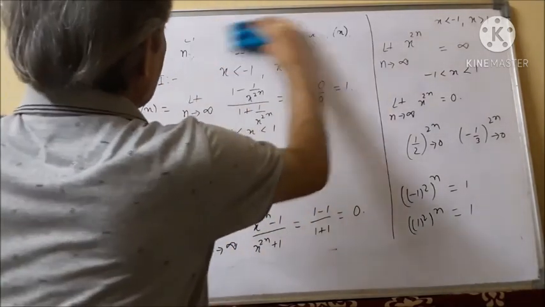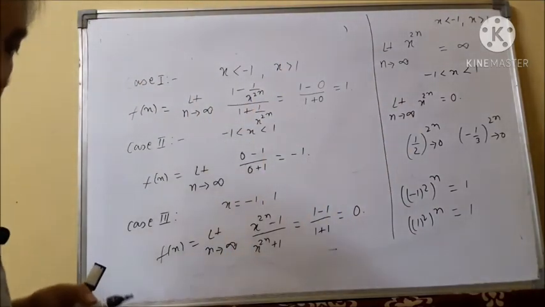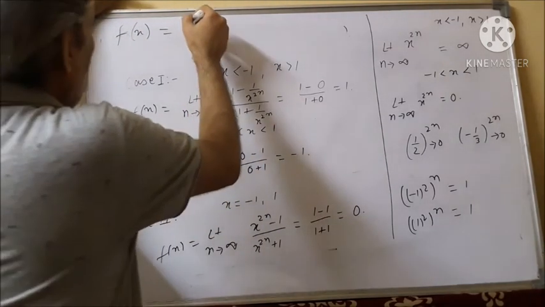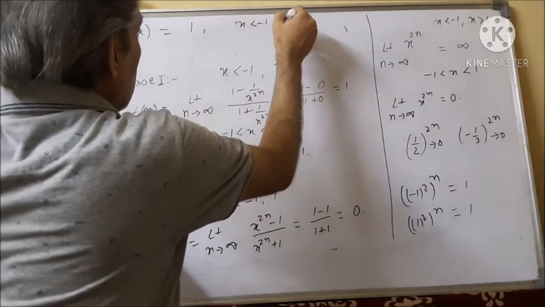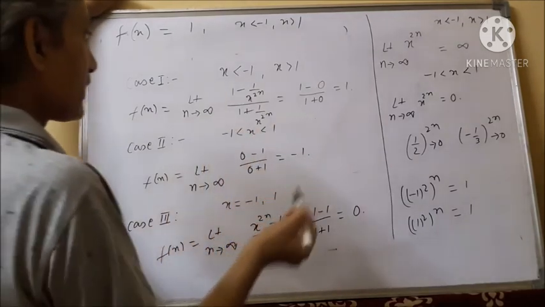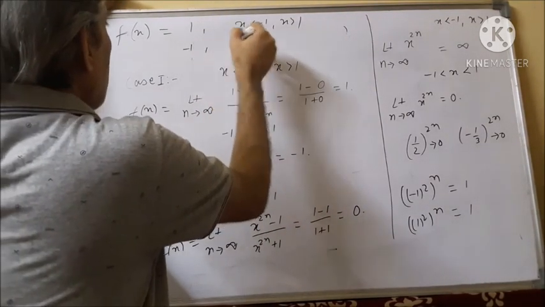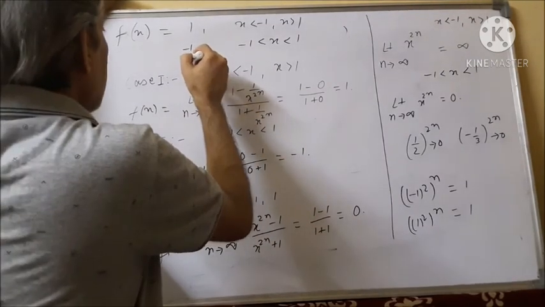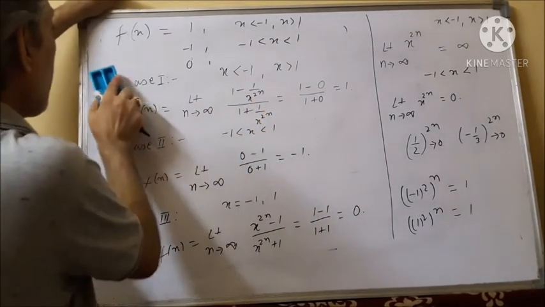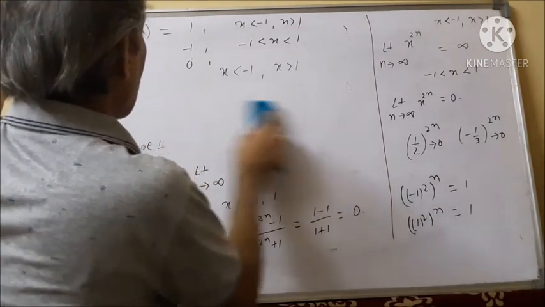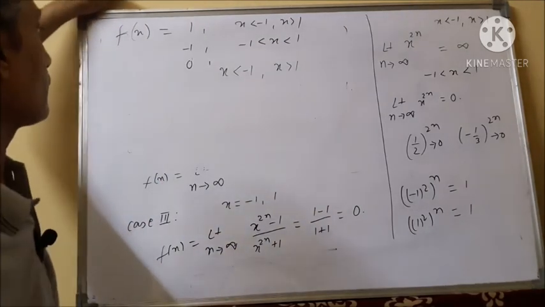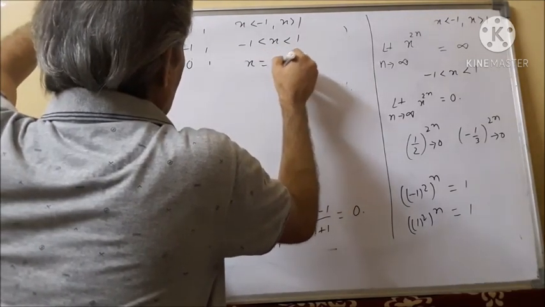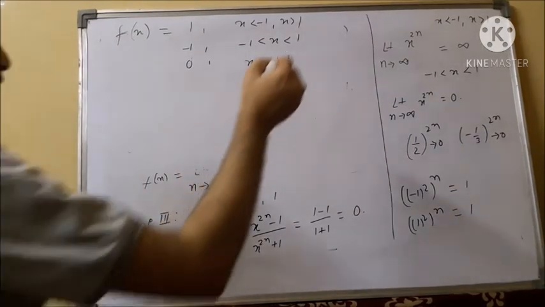What is our f(x)? f(x) equals 1 when x is less than -1 or x is more than 1. f(x) is -1 when x lies in between -1 and 1, and f(x) is 0 when x is ±1. So this is the final answer.